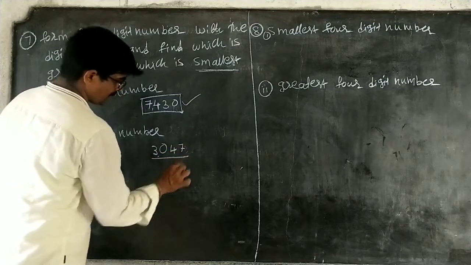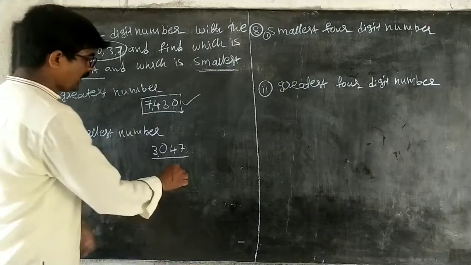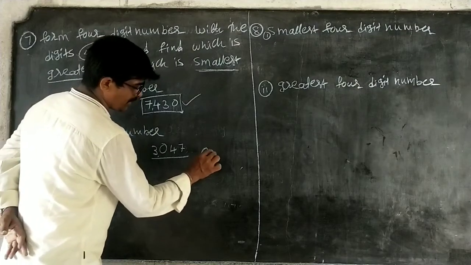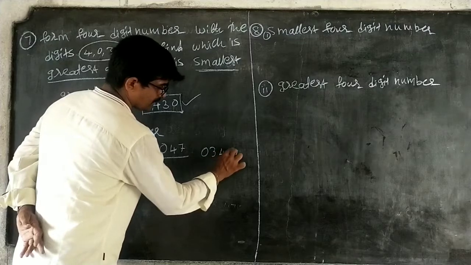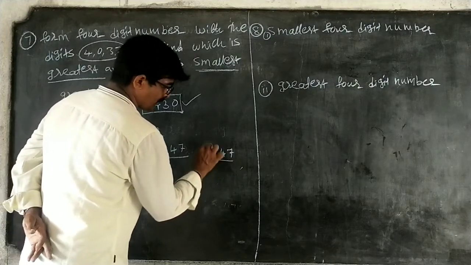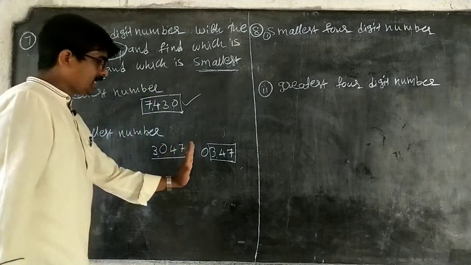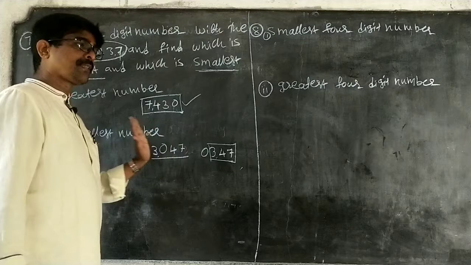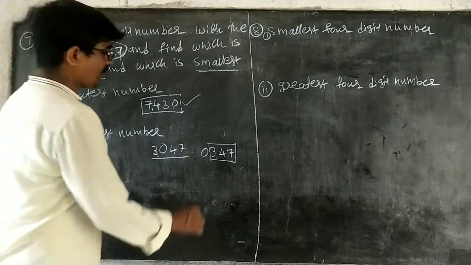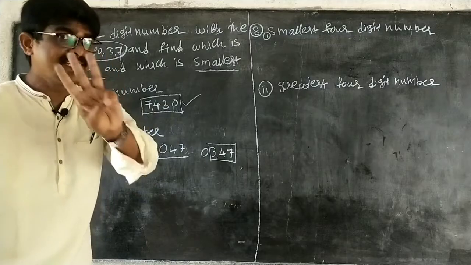That is 3,047. If we started with 0, it would be 0347, which is only 347. We don't consider the 0 on the left side, so it is only a 3-digit number.